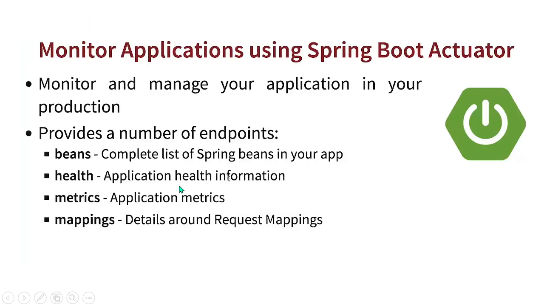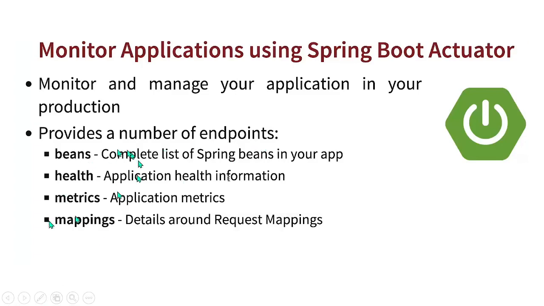Another feature is Actuator. It monitors your applications. Suppose in your application, which beans are running, how many objects are running, how much space is being taken, how many URLs you clicked, and how many APIs are failing.